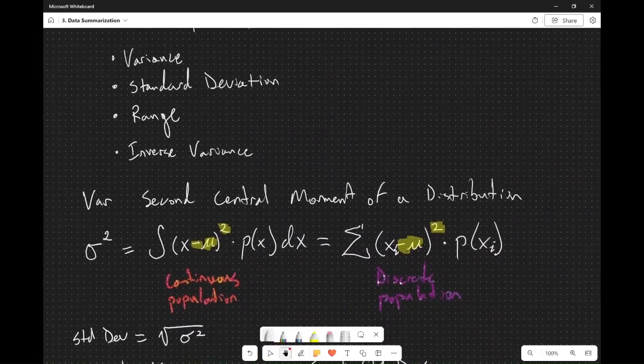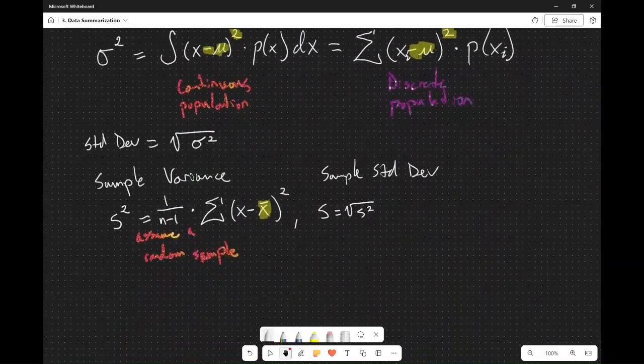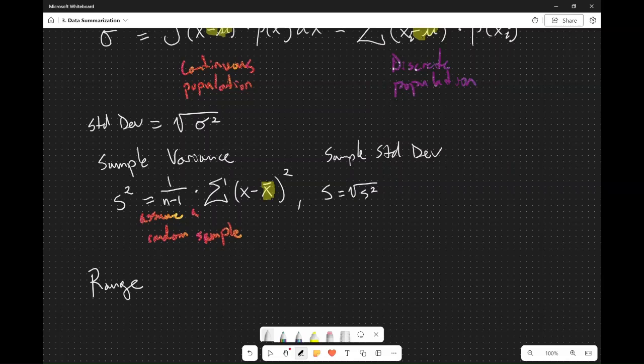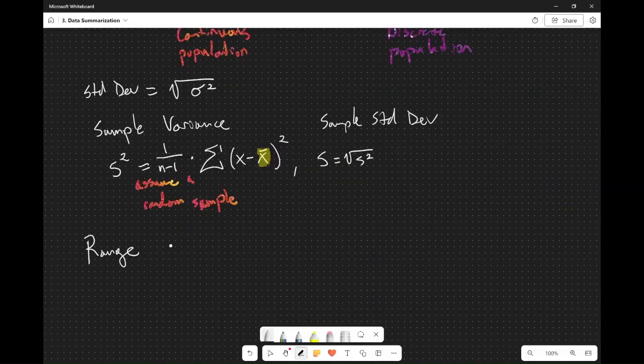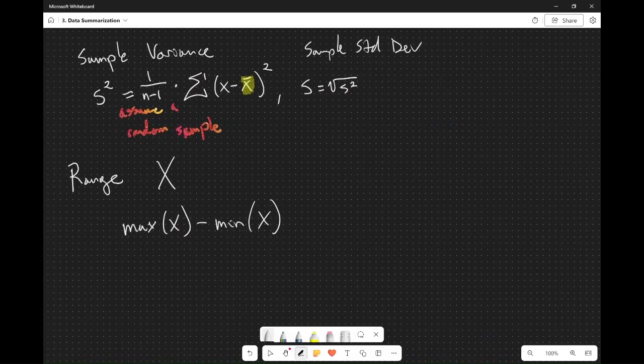The next thing we want to talk about is our range. Range is simply the max value. So let's say we have a random variable x. The range is the max of x minus the min of x. Range is typically reserved for samples.